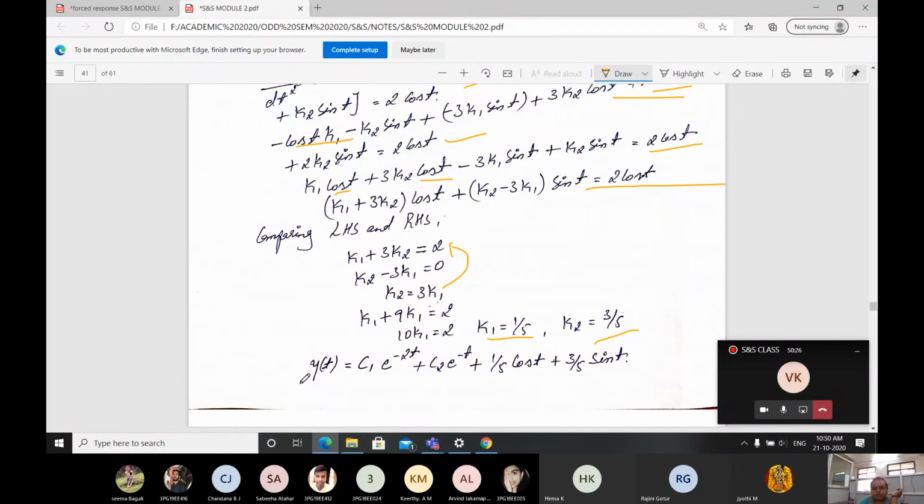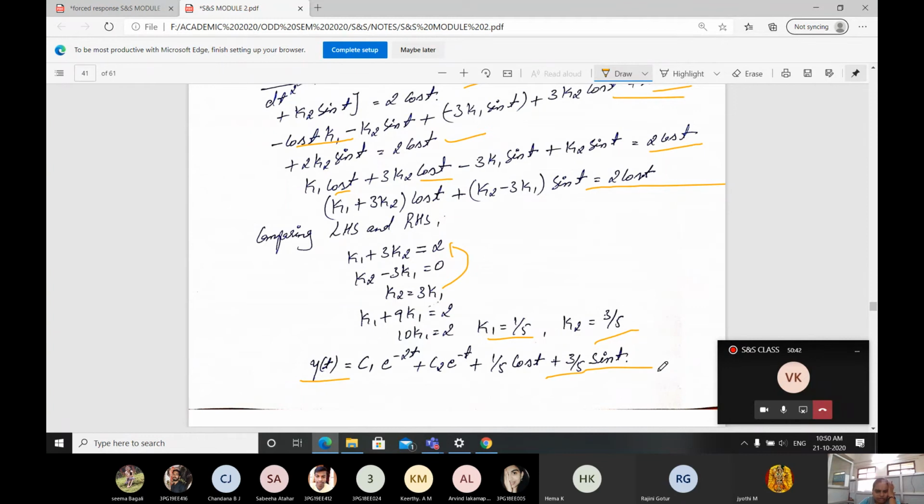Next, just substitute in y of t. Therefore, y of t will be c1 e raised to minus 2t plus c2 e raised to minus t plus 1 by 5 cos t plus 3 by 5 sin t.